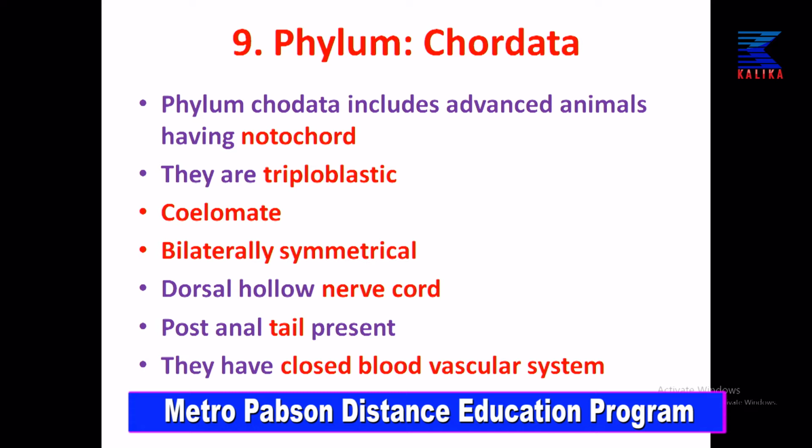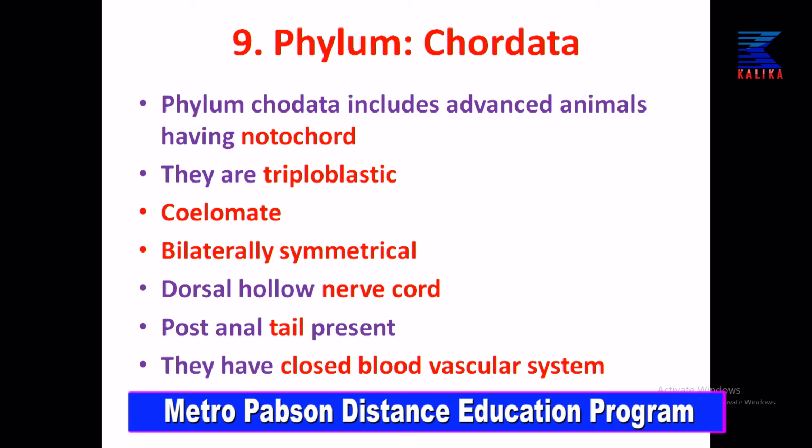They are triploblastic, meaning the animals belonging to phylum Chordata develop from 3 embryonic layers: ectoderm, endoderm, and middle mesoderm. They are coelomate, meaning they have a coelom, and they are bilaterally symmetrical.